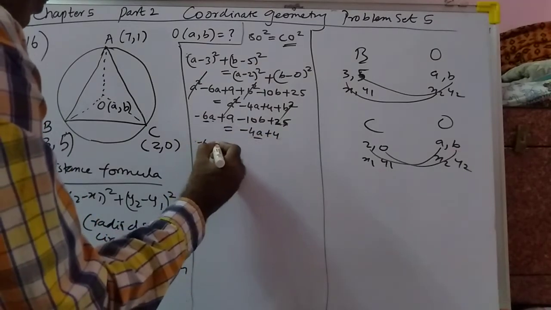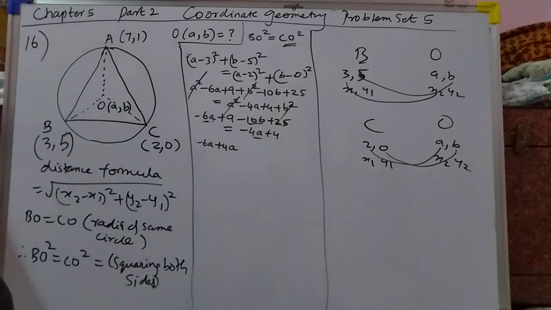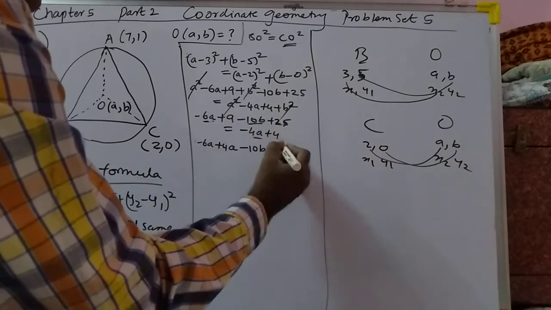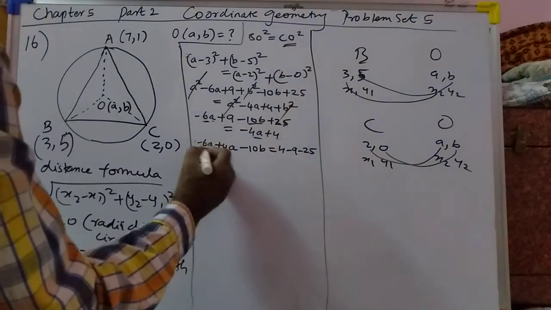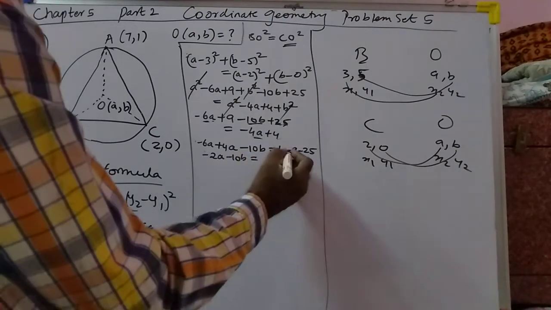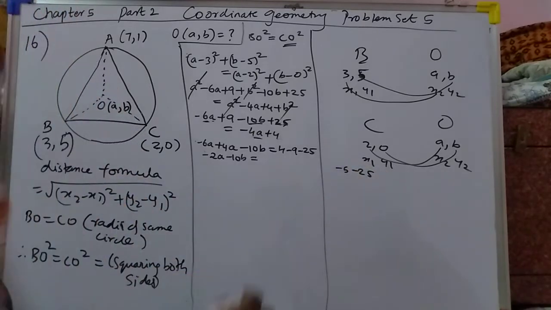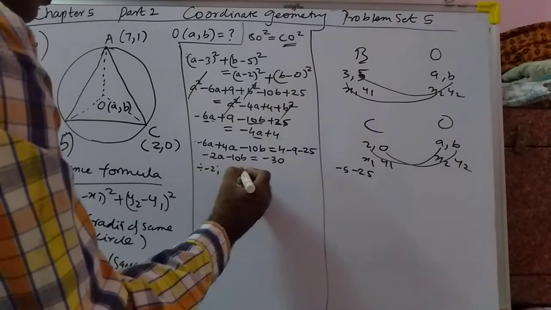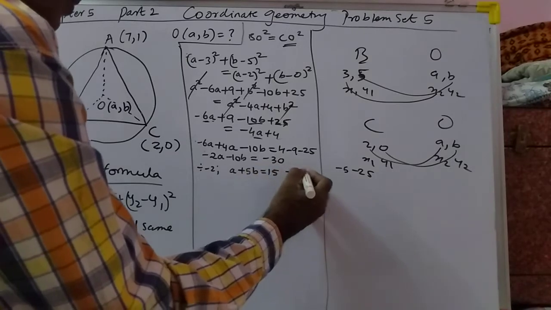So minus 6a plus 4a, and minus 10b is equal to, नंबर को साइड लेते हैं, 4 minus 9 minus 25. So what you will get? Minus 2a minus 10b is equal to 4 minus 5, it is minus 5, and minus 25, so that will become minus 30. Divide by minus 2, you get a plus 5b is equal to 15, equation 1.